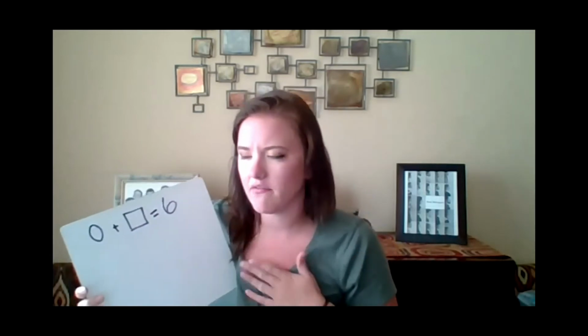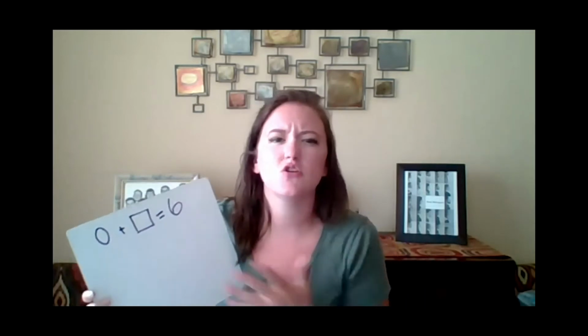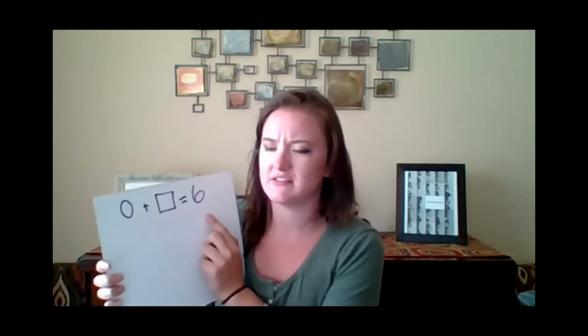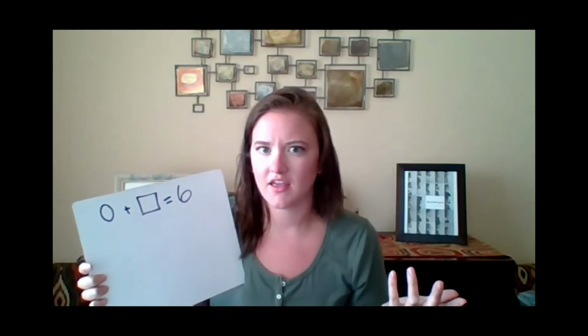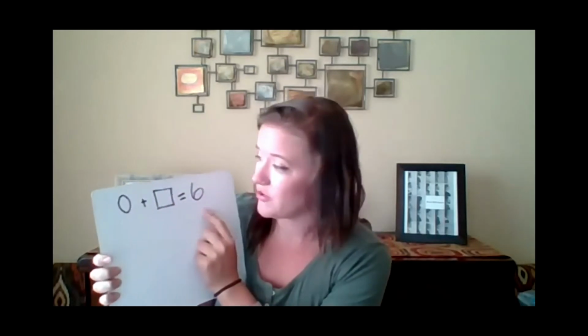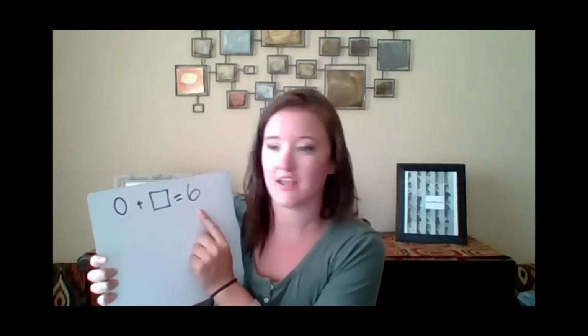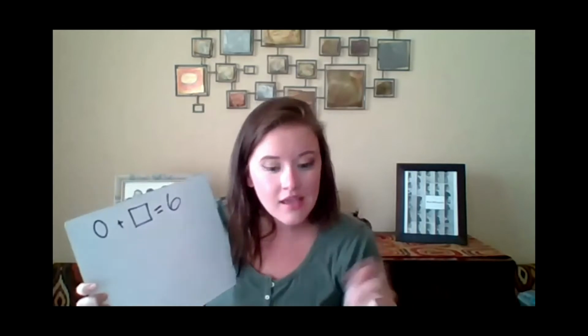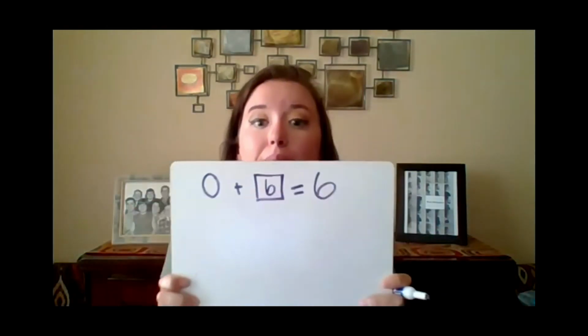So if I have 0 pieces of candy, but then I end up with 6 pieces of candy, how many pieces of candy did I get? 6, because if I start with nothing and I end with 6, how many pieces of candy did I get? 6. Nice job. I tried to trick you on that one, but it just didn't work.